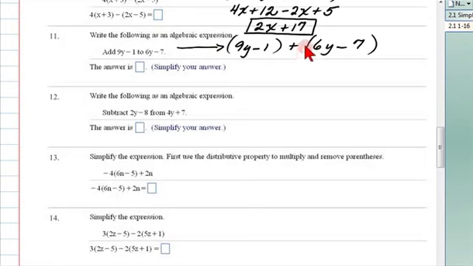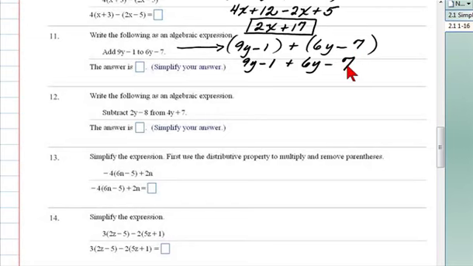What is sitting in front of the second group? A positive 1. What that really means is those parentheses can just fall off. I don't see anything happen. This is 9y minus 1 plus 6y minus 7. You never even had to write the parentheses if you didn't want to.